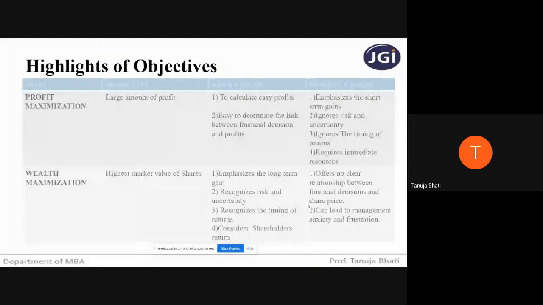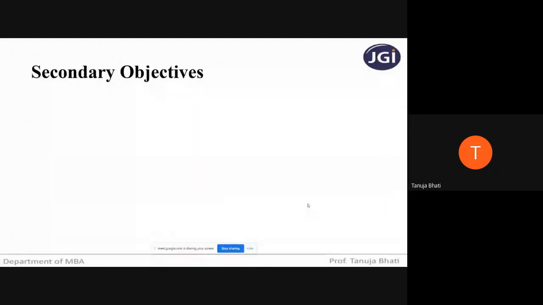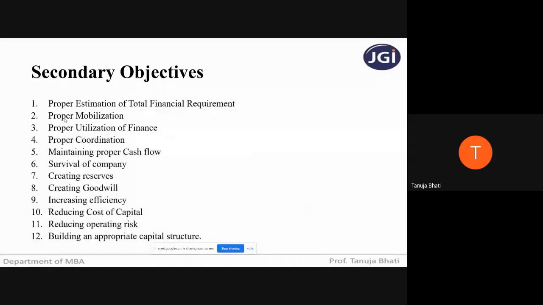Okay, so moving ahead, there are again secondary objectives of financial management, that is proper estimation of total financial requirement, making an estimation of the total finance that is required, proper mobilization of funds, making sure that the funds are properly utilized in the areas where they have to be utilized, proper coordination, maintaining proper cash flow, survival of the company, creating reserves, creating goodwill, increasing efficiency, reducing the cost of capital, reducing the operating risk, and building an appropriate capital structure.